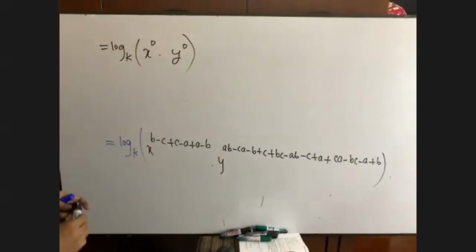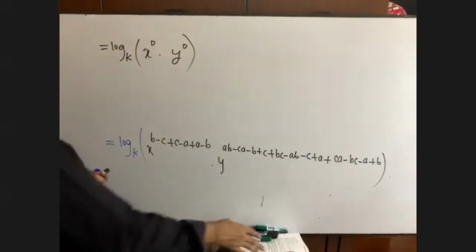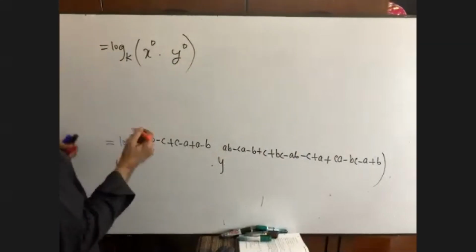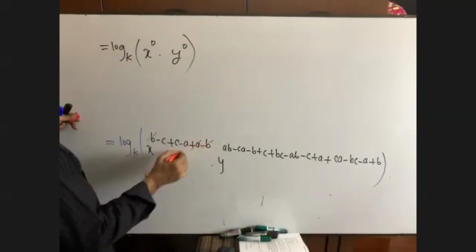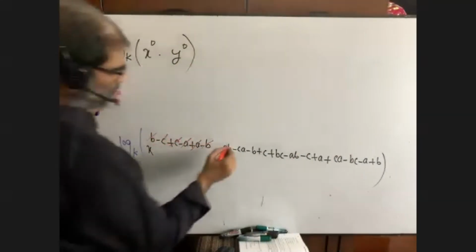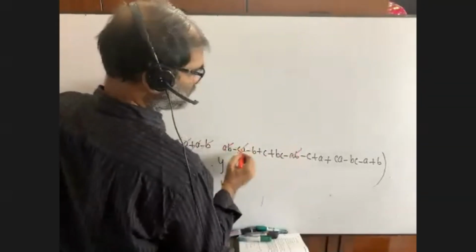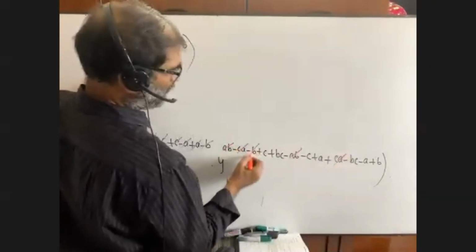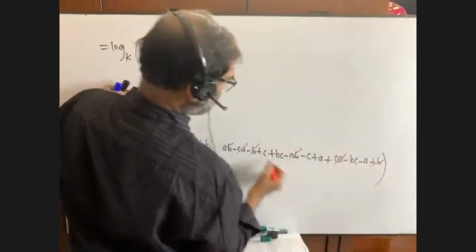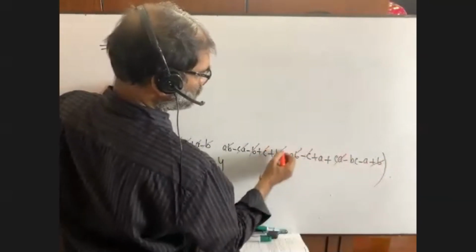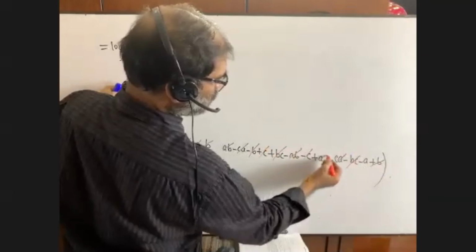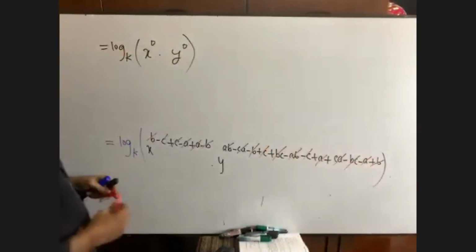If you go for cancelling, you will get it: ab minus ab, minus ca plus ca, minus b plus b, plus c minus c, plus bc minus bc, plus a minus a. It is 0.